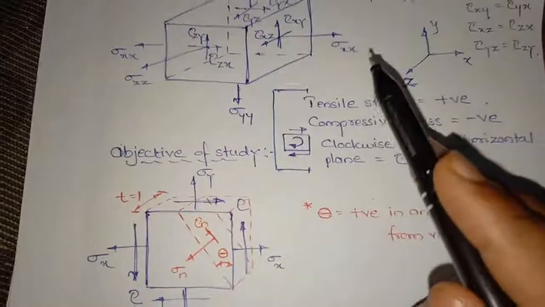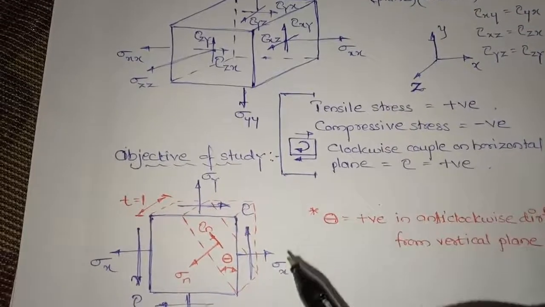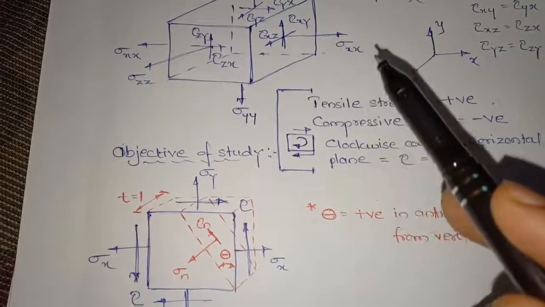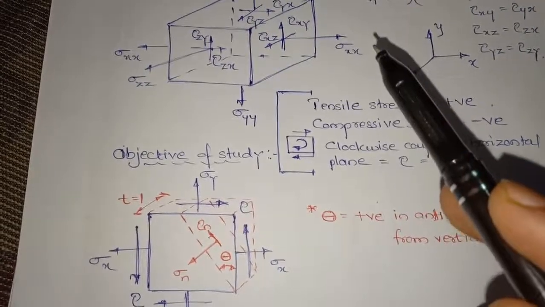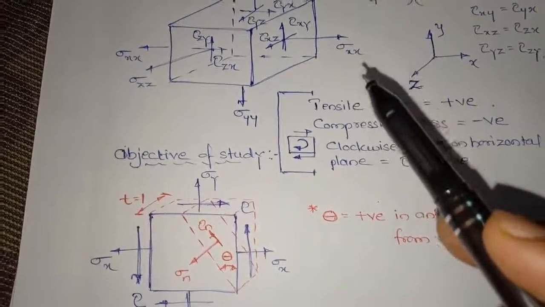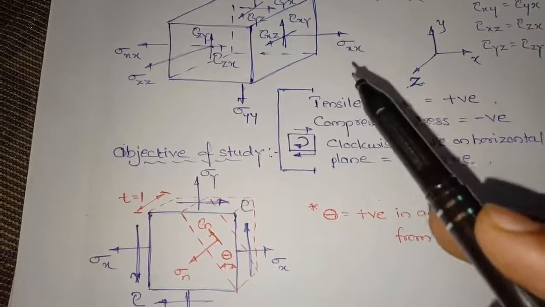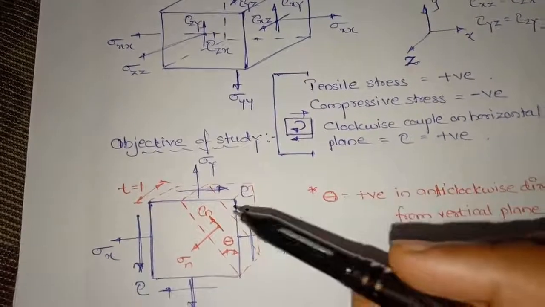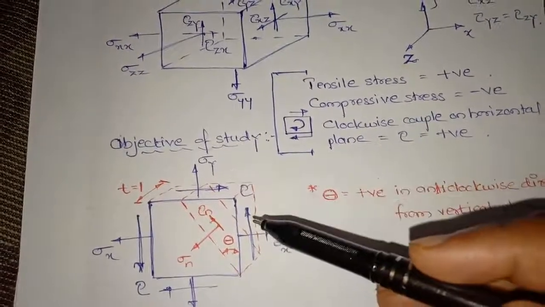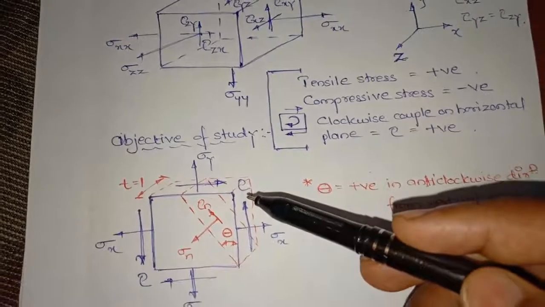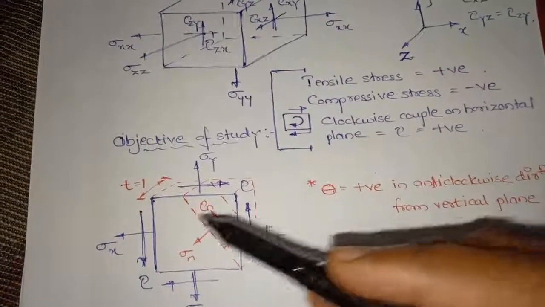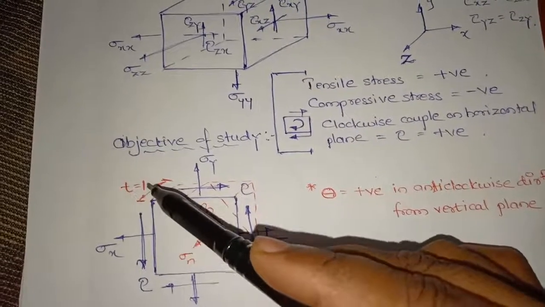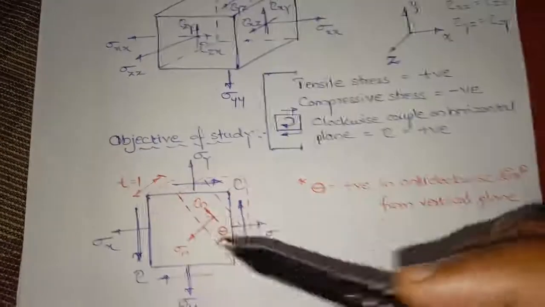Earlier we used sigma xx, and here I am using only sigma x to make it simpler, using only one subscript instead of two similar subscripts. Then, since tau yx is equal to tau xy, we are indicating it only as tau. The thickness in z direction we have taken as t, or equal to 1.